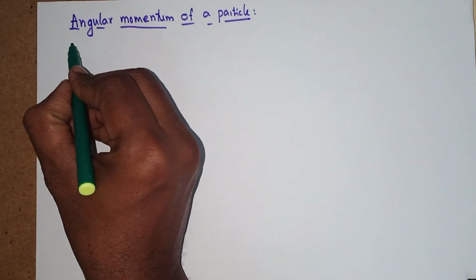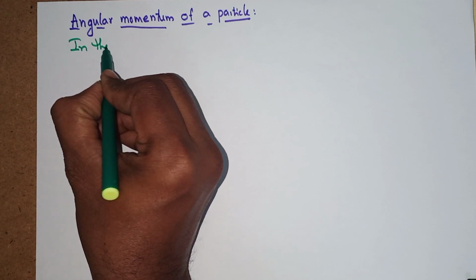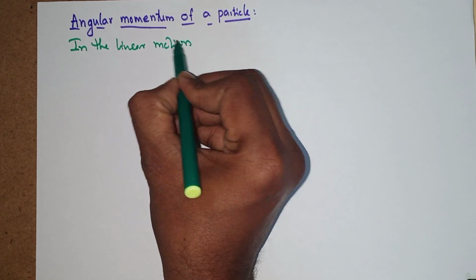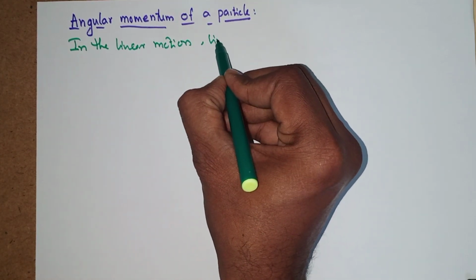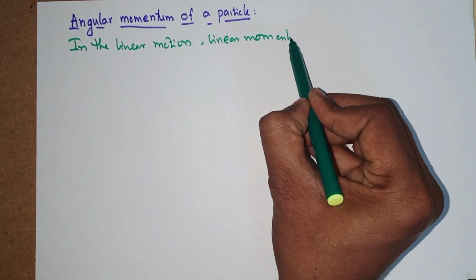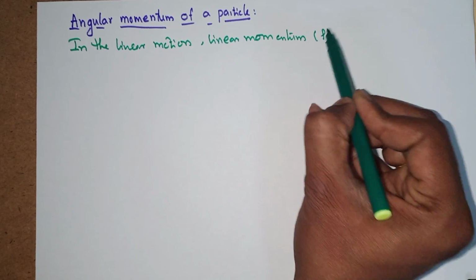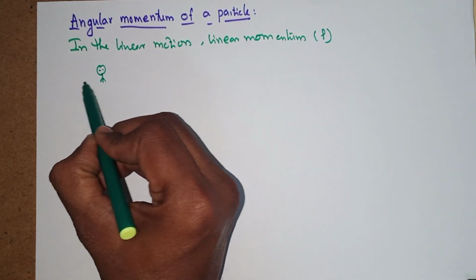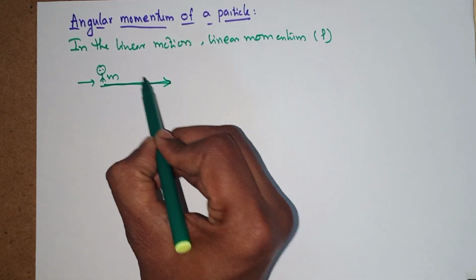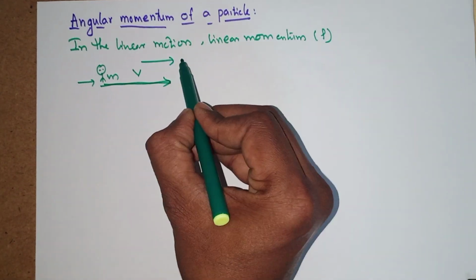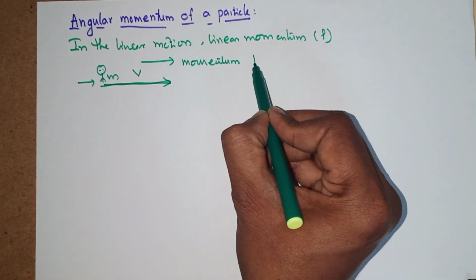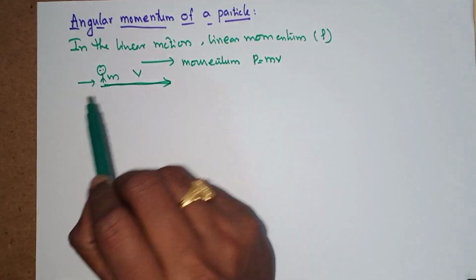In linear motion, the linear momentum we refer to as P. A body having mass moves in one direction with velocity, it gains momentum, which is called P is equal to m v.